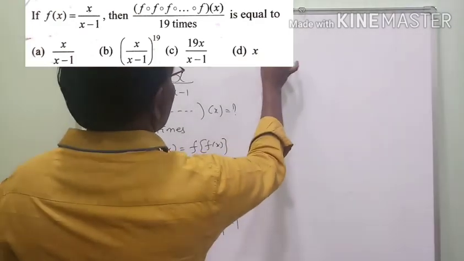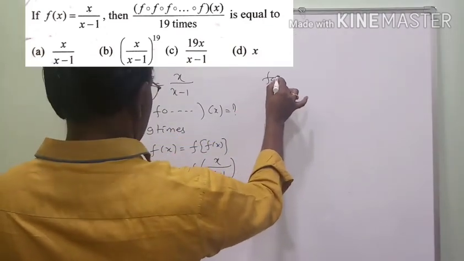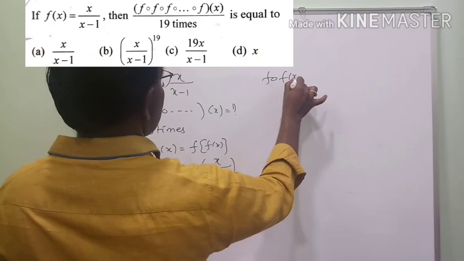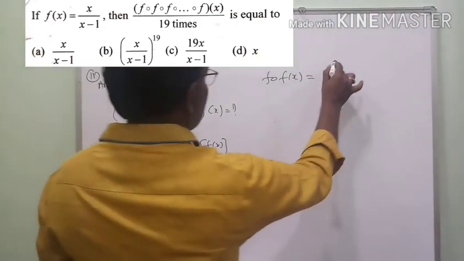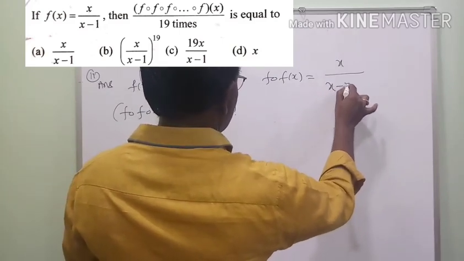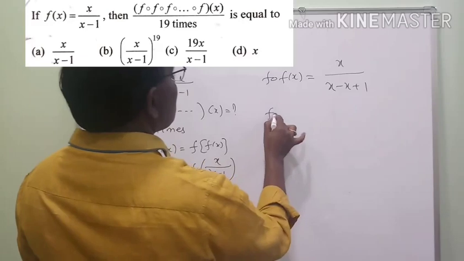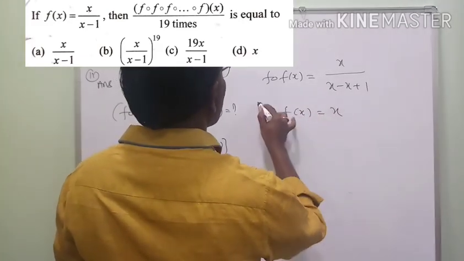So what is f composition f of x? Both the LCM cancel, and we get x divided by x minus x plus 1. f composition f of x is x only.